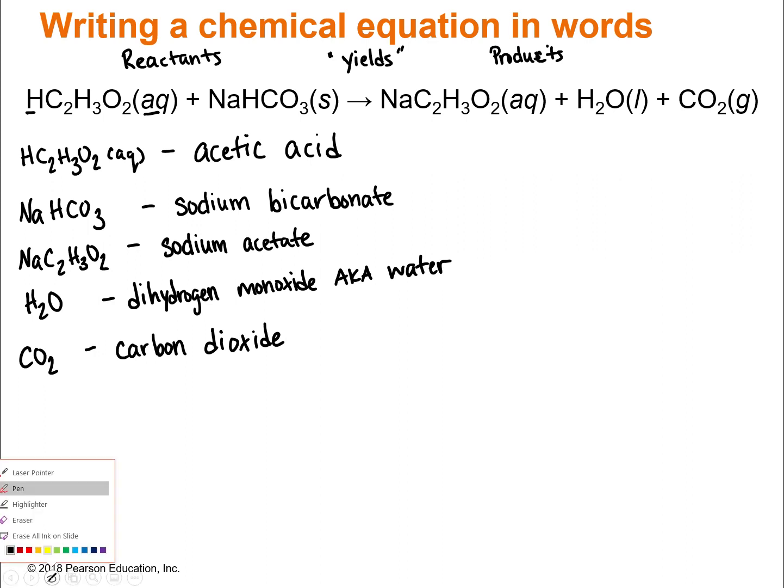Let's take note of what the states of matter are. So that's what's in parentheses here. AQ, S, L, G. Those are all states of matter. When we're writing a chemical equation in words, we have to put all of the information that you would normally get in the equation into our little paragraph.